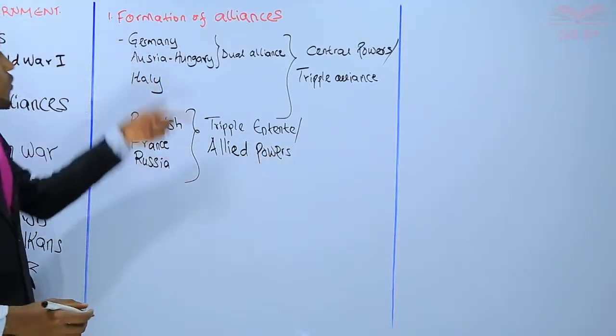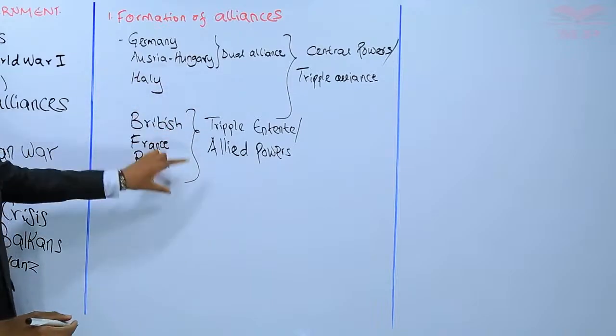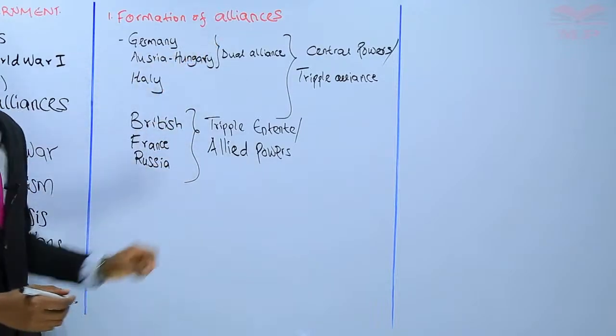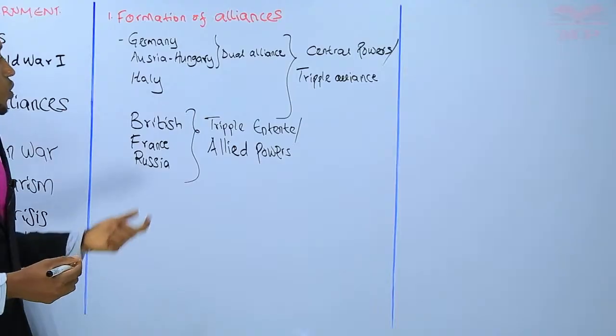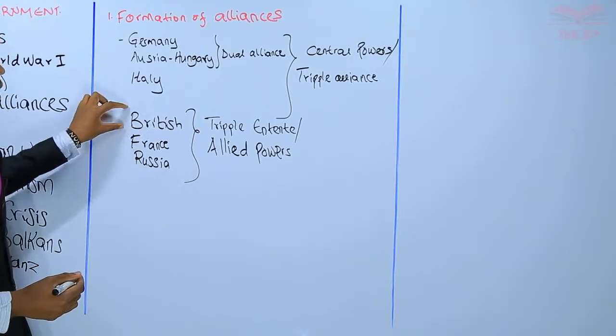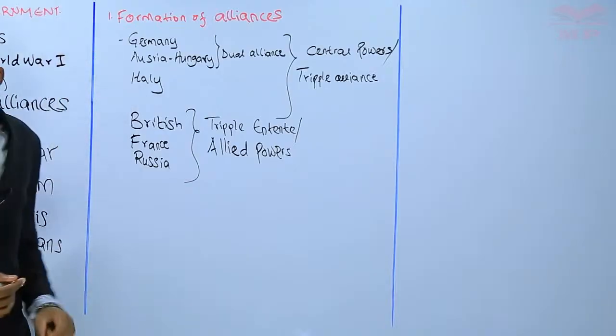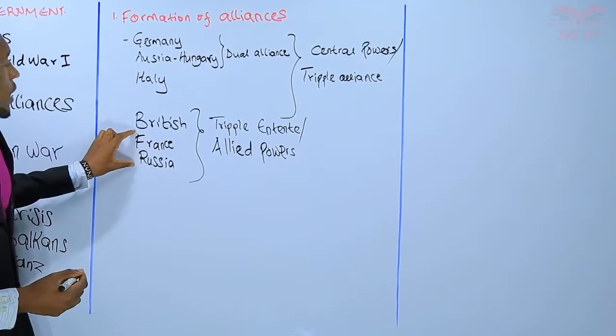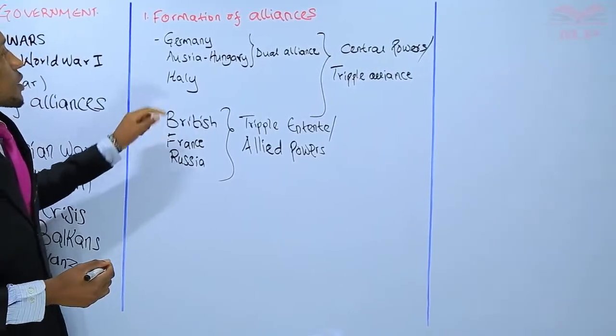So this group of countries going against that group, they formed alliances. If Britain was in a situation with Italy, for example, these other countries could come and help them resolve the issue.